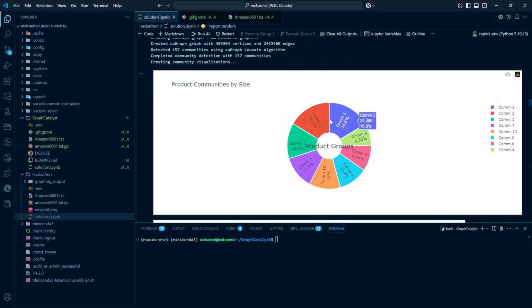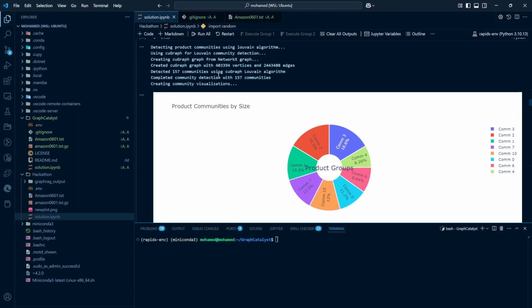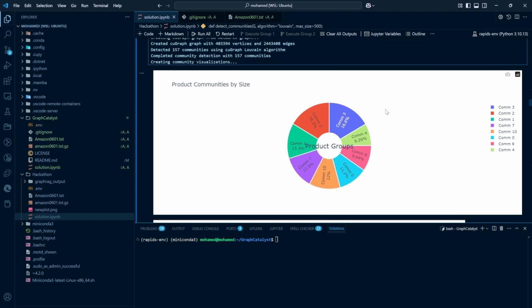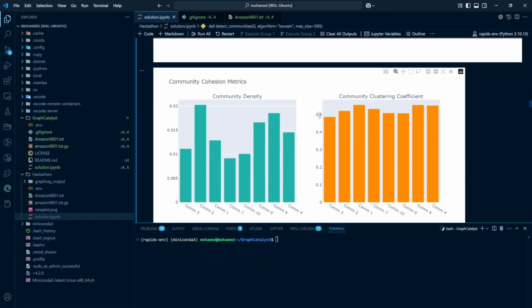Another visualization that I want to go over is the communities plots, which is right here. So we have the product communities by size, and for now we just have this sample of communities. In the dataset we actually have around 157 communities, and we're using the Louvain algorithm to detect these communities. And here are the product groups, and we also have the community cohesion metrics.